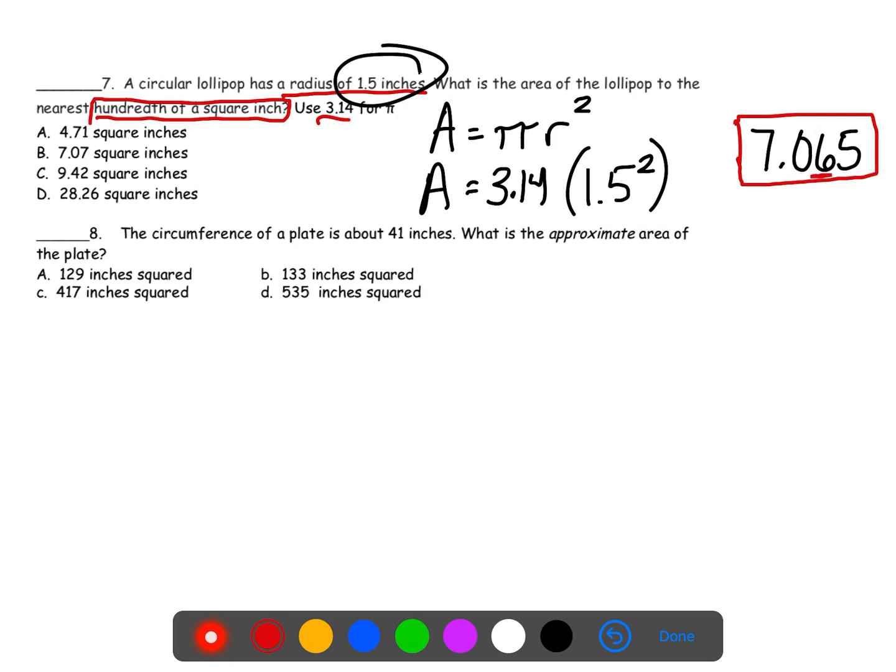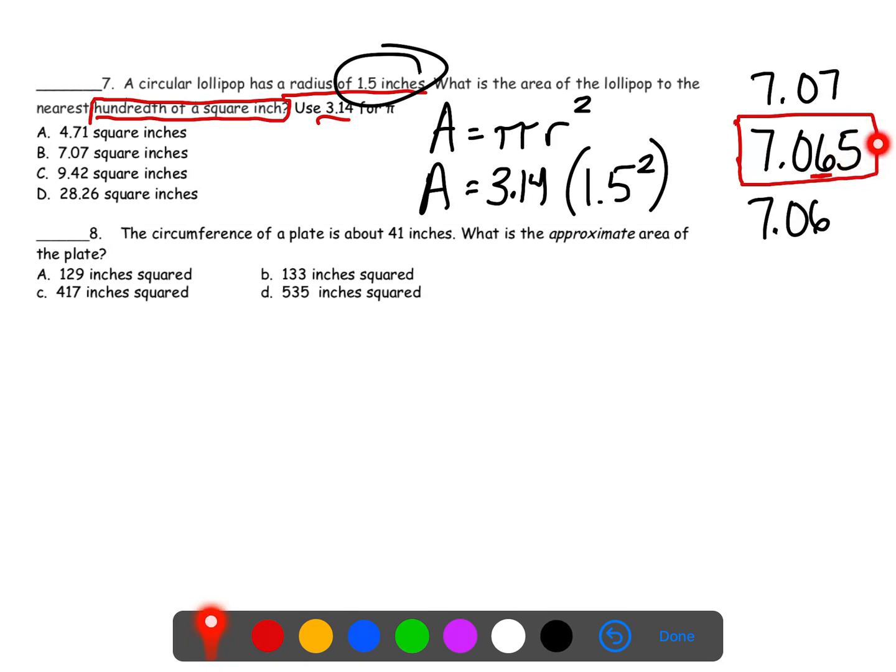What that's really asking is what's the nearest hundredth that this number is closest to? So if I were to drop off the ending of this decimal, this would be closest to 7 and 6 hundredths, 7.06. But if I were to go up to the next largest hundredth, that would be 7.07.